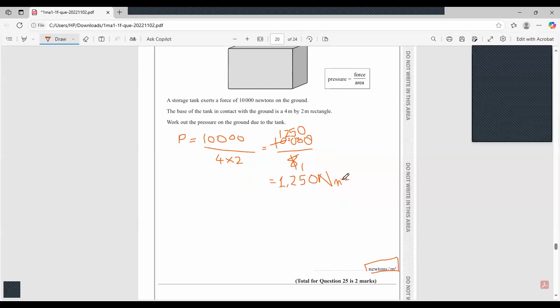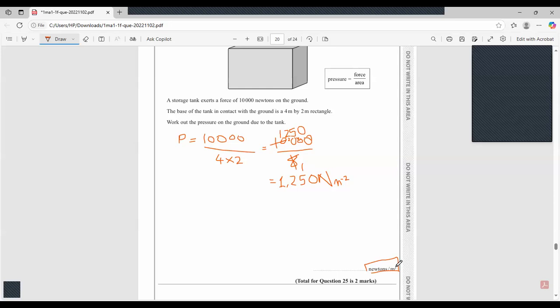Now, if you look at it very well, the reason why newton per meter to the power -2 is the same as newton per meter squared is simply that you remember that rule of indices: when you have a negative power, it's the same thing as moving that number underneath and leaving it with the positive power. It's a law in indices. So any question here?